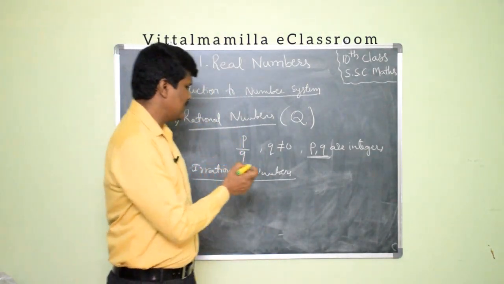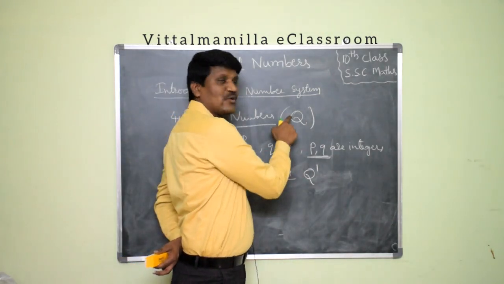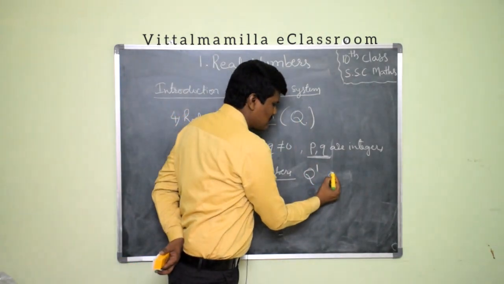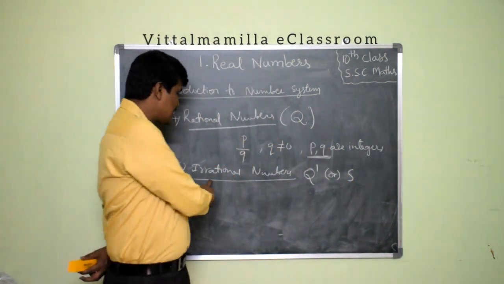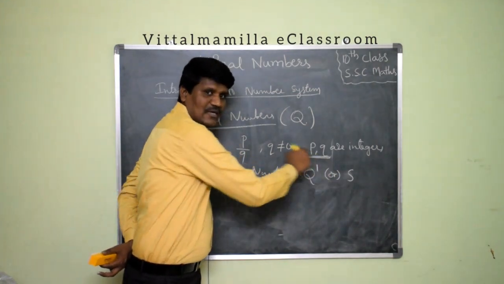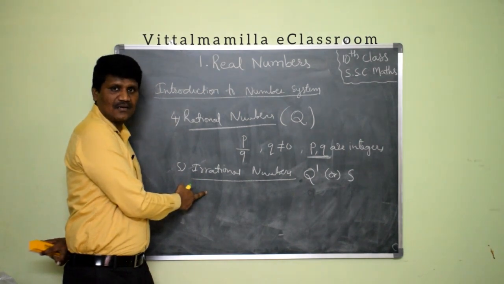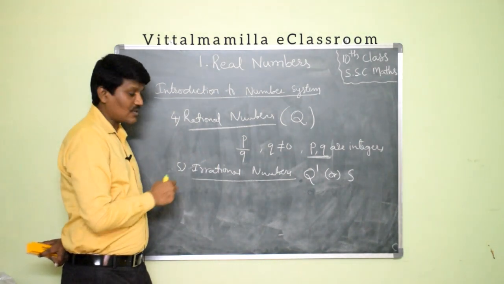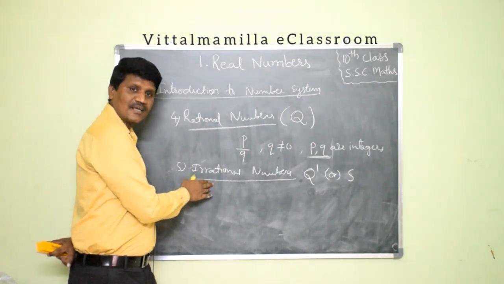We denote it by q dash, which is nothing but other than q, or sometimes we denote it with capital S. Irrational numbers are denoted by q dash or capital S. The numbers which are not rational are called irrational numbers.